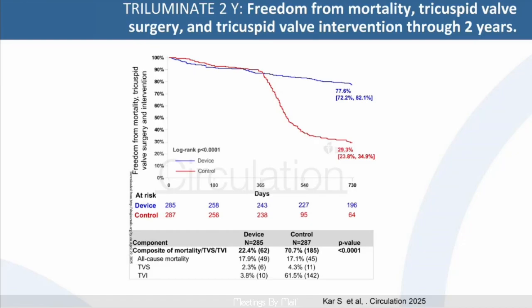You can see this is freedom from mortality, surgery, and tricuspid intervention. So it means that if a patient got a TriClip after 1 year of randomization, it is in the red line.